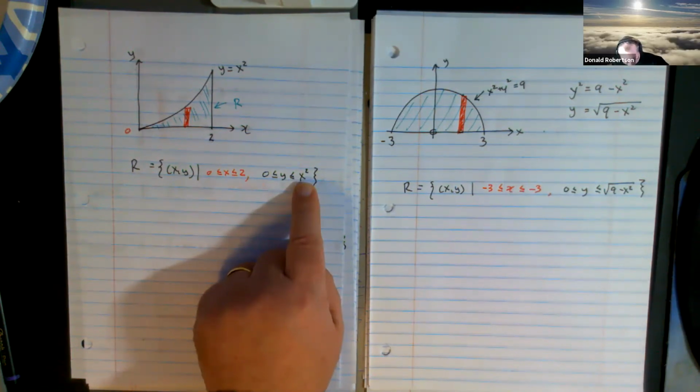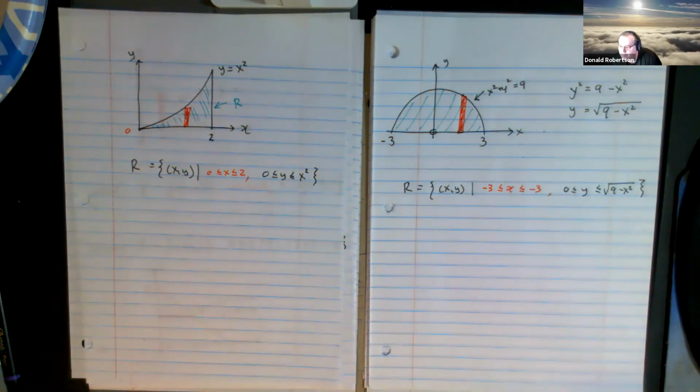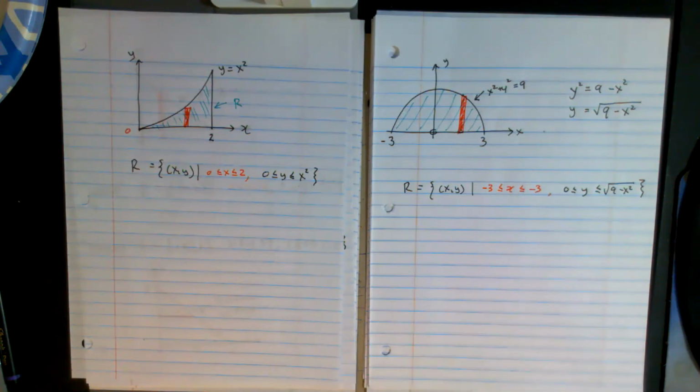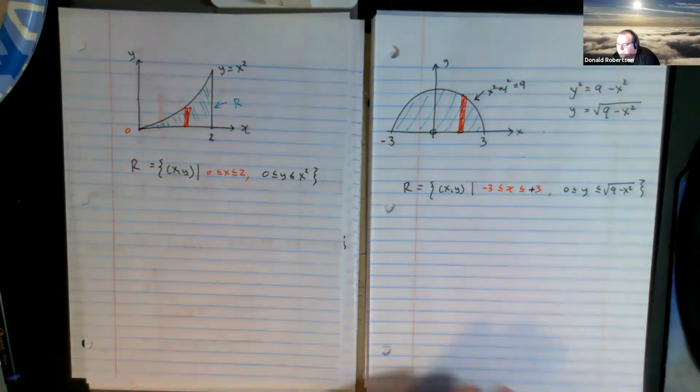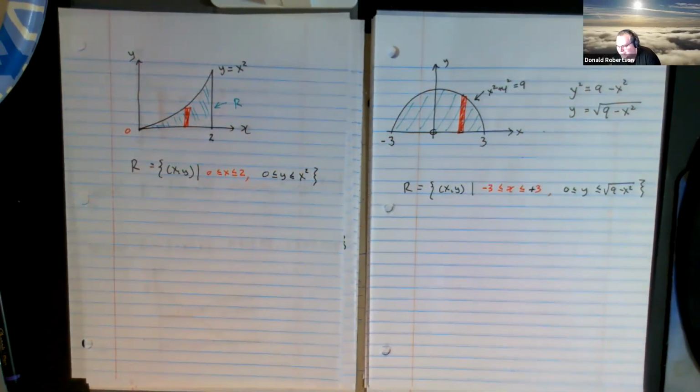Now, if you go horizontal, it's almost the same thing, but won't you have the equation of the curve given in terms of y's? Shouldn't one of the ranges for x be -3 to +3, not -3 and -3? Did you all catch that deliberate mistake? Yes, it should be.